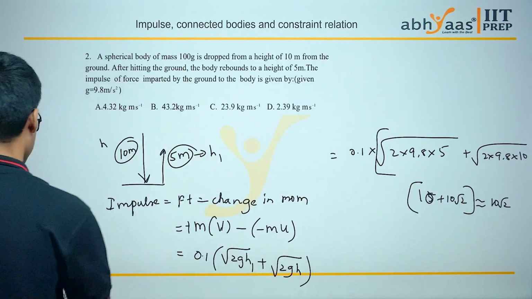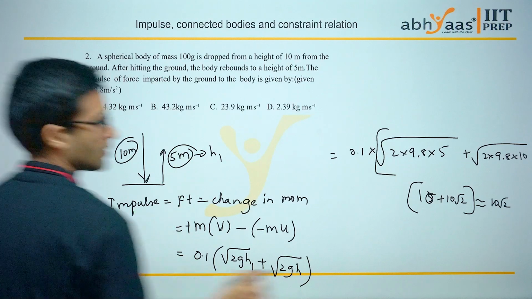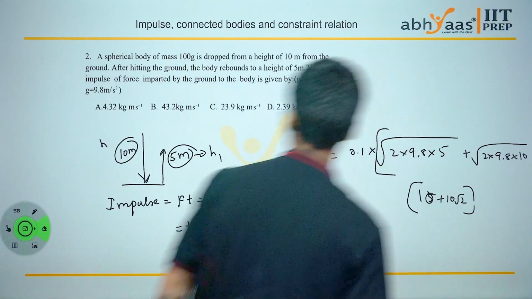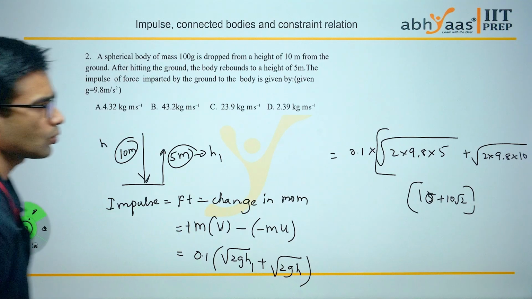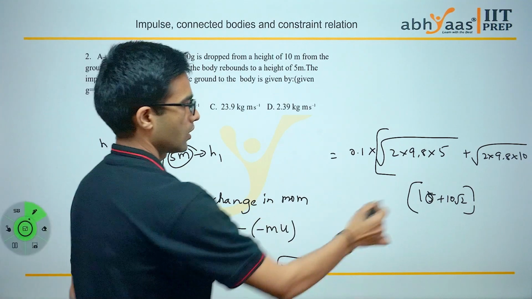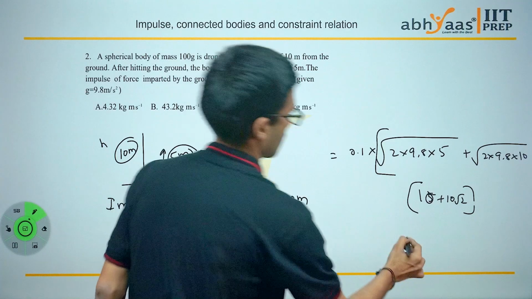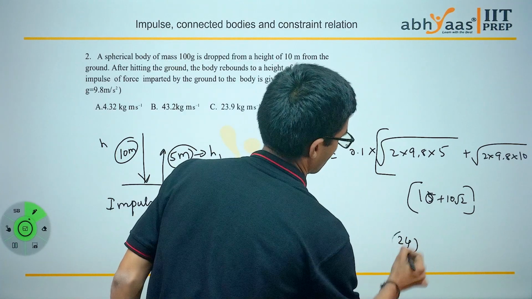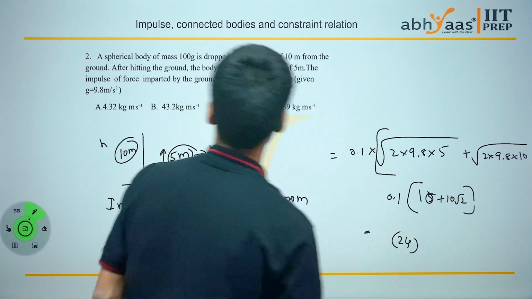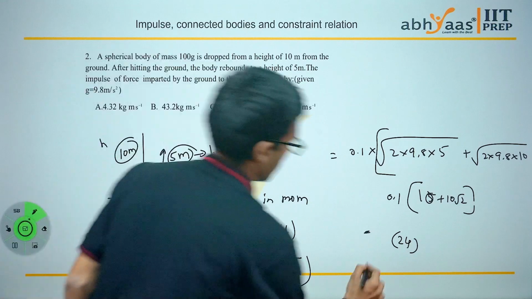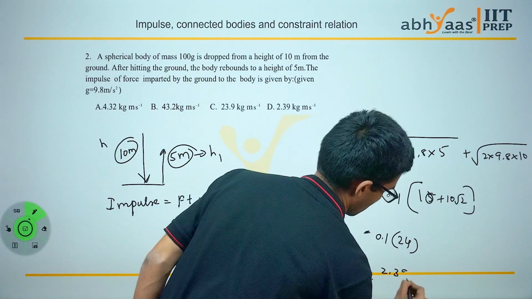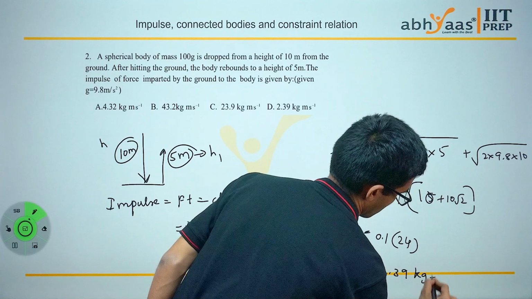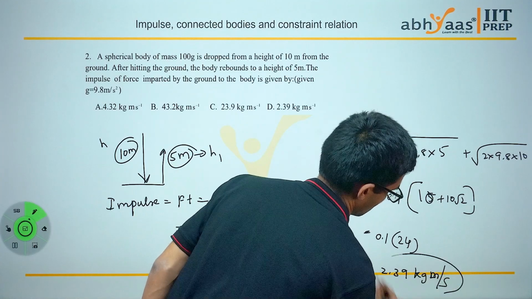I'll erase the other thing. This will be 10 root 2, this is a 10. So what is the answer then? Root 2 value is 1.4. 14 plus 10 is 24. 24, this one, into 0.1. Okay, that will be around 2.39 kg meter per second. So this is the answer.